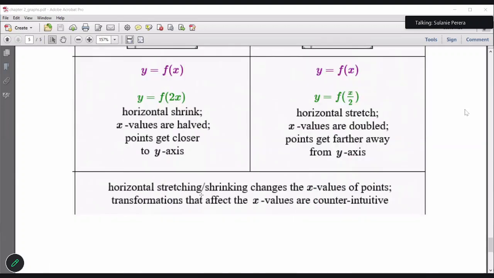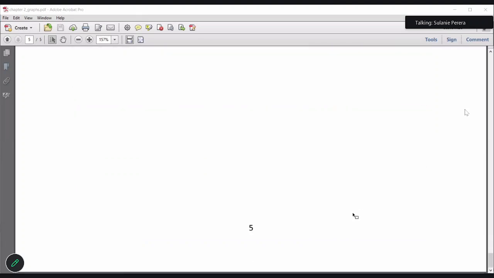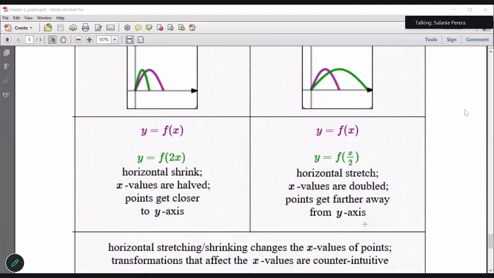So horizontal stretching and shrinking changes the x values of points. That's what I just explained.